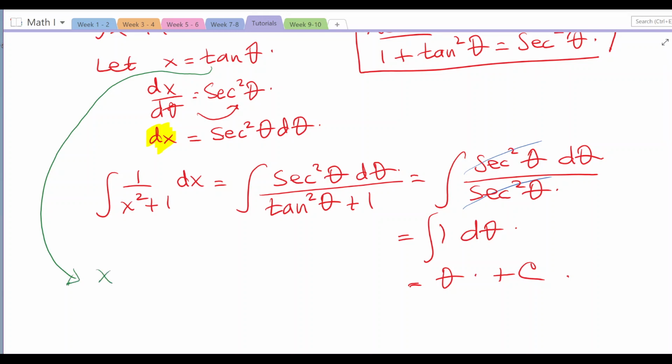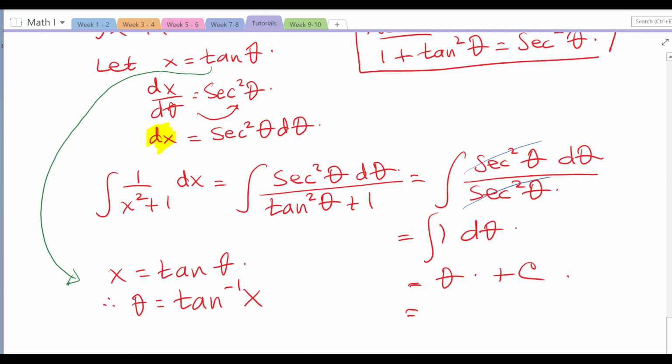Just consider, we have the information that x equals tan theta. Therefore, theta equals the inverse of tan x. That's it.